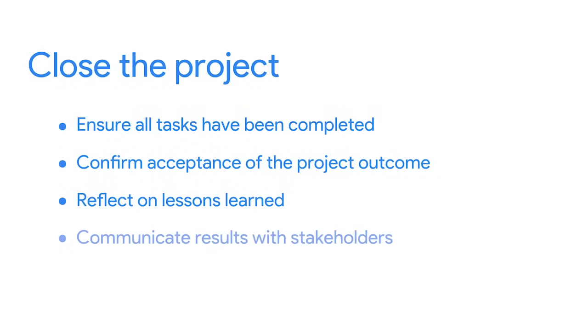Now it's time to collect all the project documentation that you've created or collected along the way, including all of your plans and reflections, and share the final results of your project with your stakeholders. Remember, stakeholders are people who are interested in and affected by the project's completion and success.